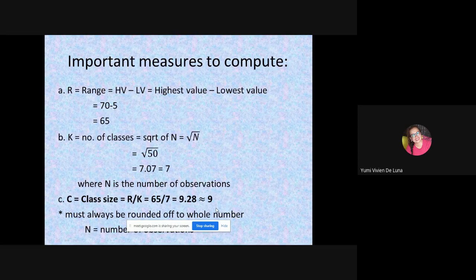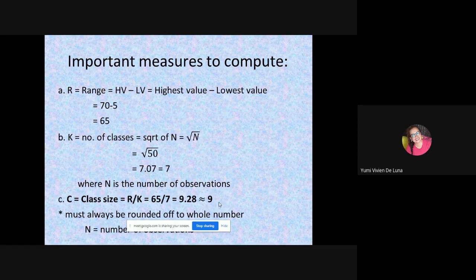So pag kunwari, may 1 decimal place yung raw data, then you round off your class size to 1 decimal place also. So again, in this case, since yung raw data natin is whole number, then we also round off our class size to whole number. Okay, so we can start now our FDT kasi we have already our class size, which is equivalent to 9.